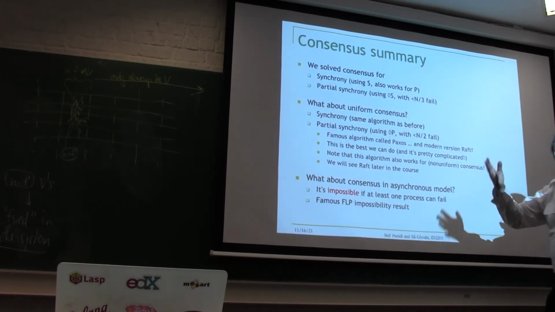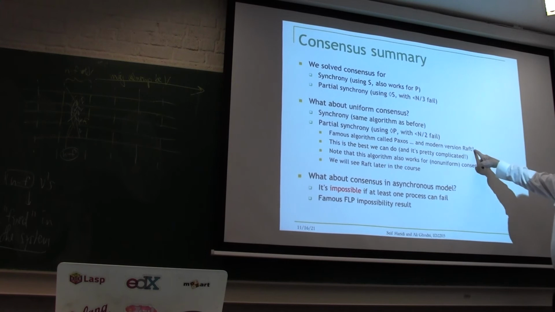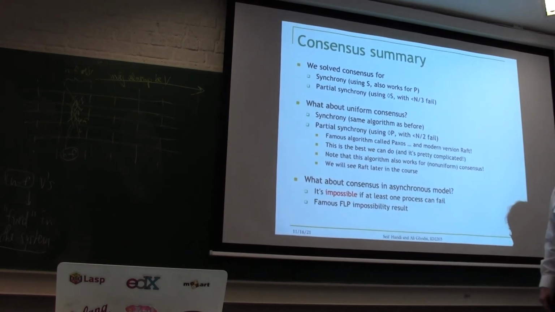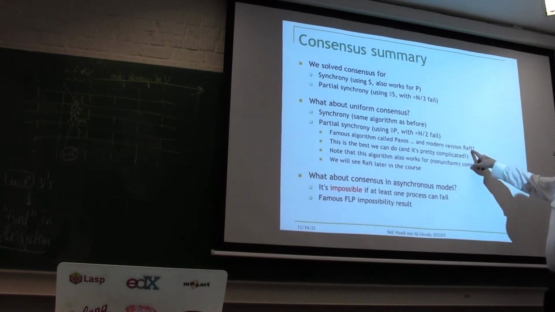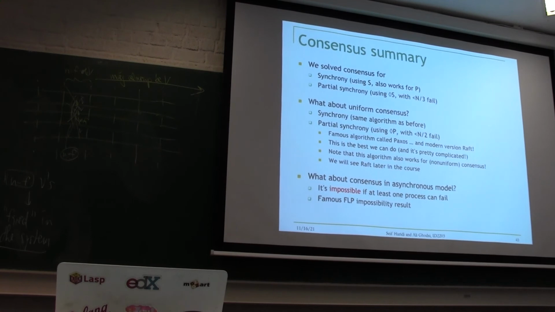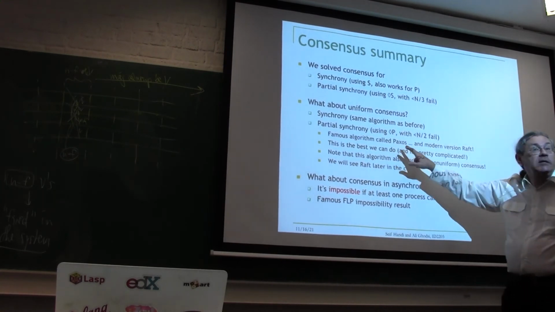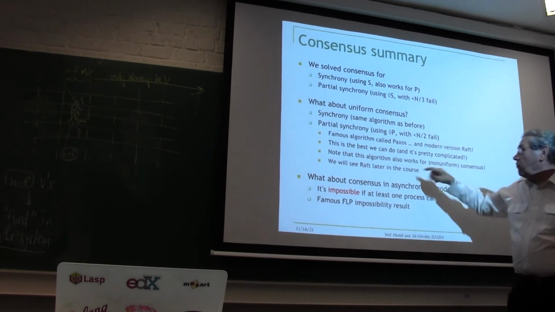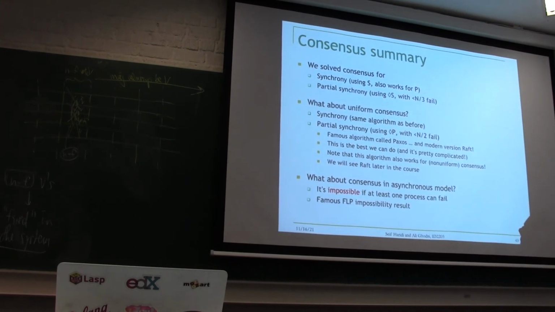So most modern systems today are actually using Raft. Raft was invented around 2014, so it's not that old. Paxos was like 1990, so it's much older. So we'll see Raft later in the course.